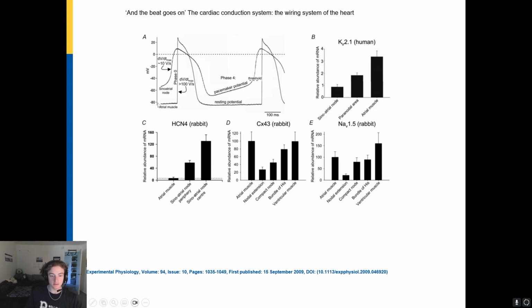We have an atrial muscle with a resting potential and an SA node cell with a pacemaker potential, right? The pacemaker potential comes from a slow influx of sodium, okay? And that slow influx of sodium is primarily attributed to this HCN family of ion channels.